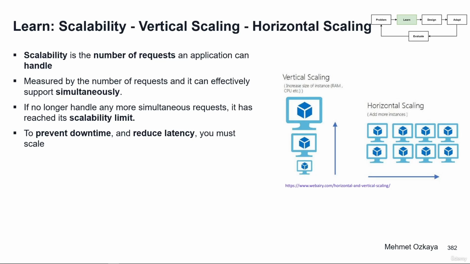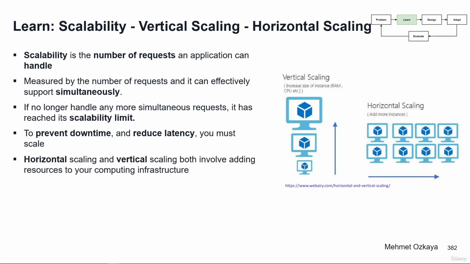So basically we can scale these resources through a combination of the network bandwidth, CPU and physical memory requirement and hard disk adjustment. But horizontal scaling and vertical scaling both involve adding more resources into our computing infrastructure, but we must decide which is the right one for our application.